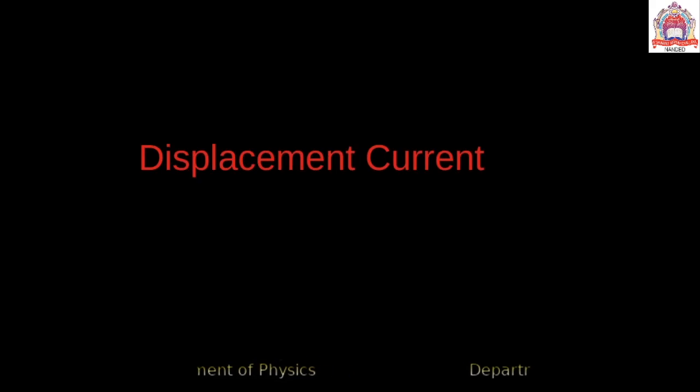We shall show how Maxwell changed the definition of total current density to adapt the equation of continuity to time dependent fields. That's why today we are modifying Ampere's law, that is, the displacement current.